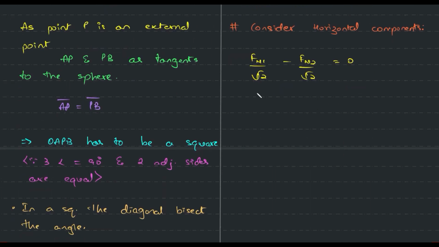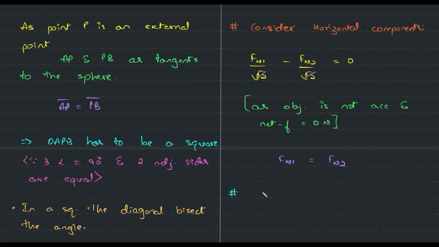Why is that? As no acceleration is seen, as the object is not accelerating, net force should be equal to 0 Newton. And so all of this will get cancelled, and we just showed that in terms of magnitude, FN1 should be equal to FN2.